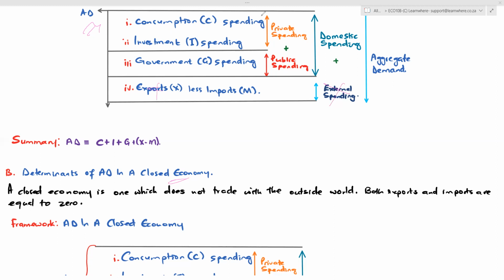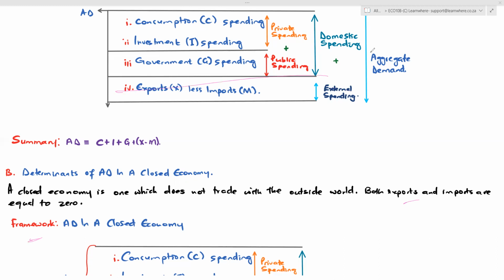And the country is not consuming anything from the outside world, meaning imports are also equal to zero. That's known as a closed economy, a country which does not have any economic relationship with other countries.